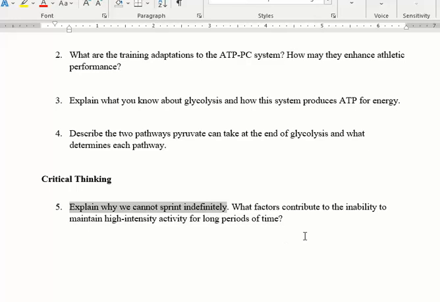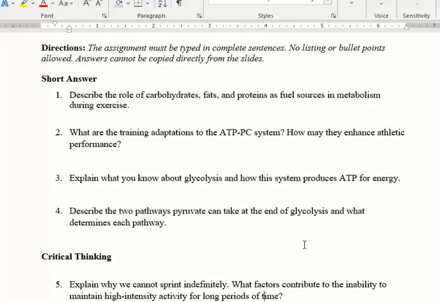You're explaining why we can't sprint indefinitely, which just means forever. It's a pretty broad question, but what factors contribute to the inability to maintain high intensity activity for a long period of time? Those are your questions.